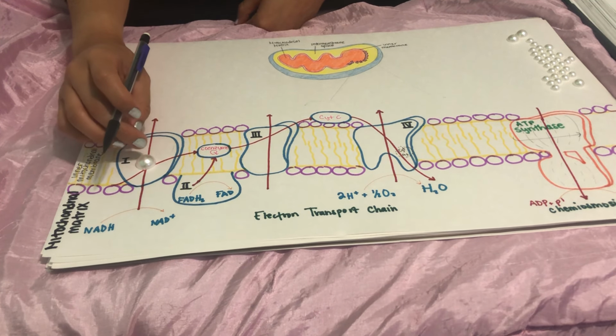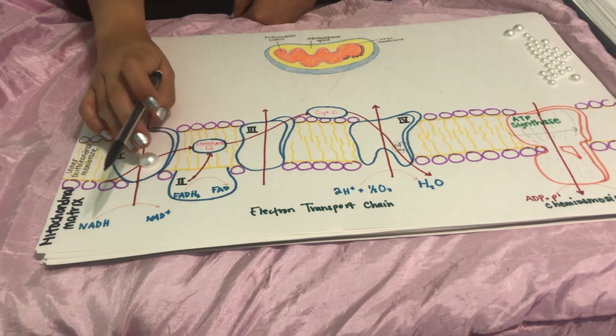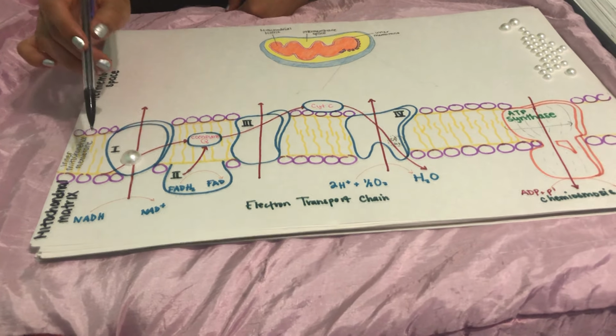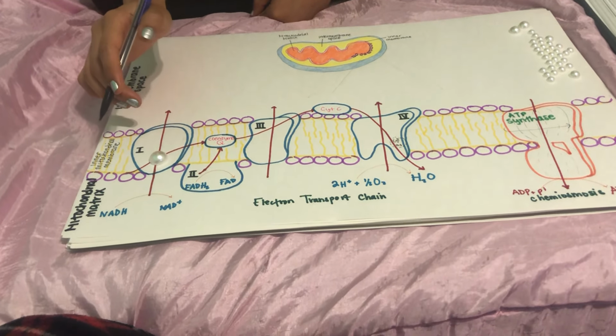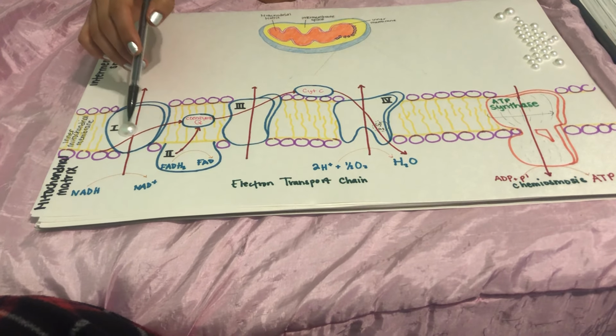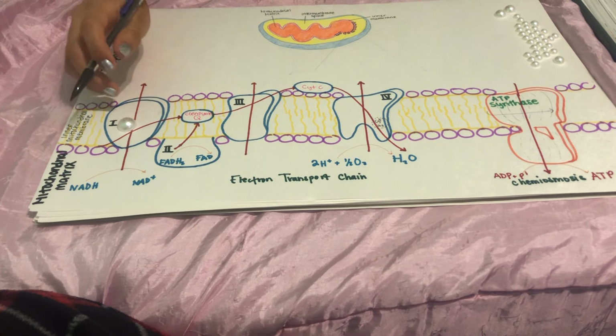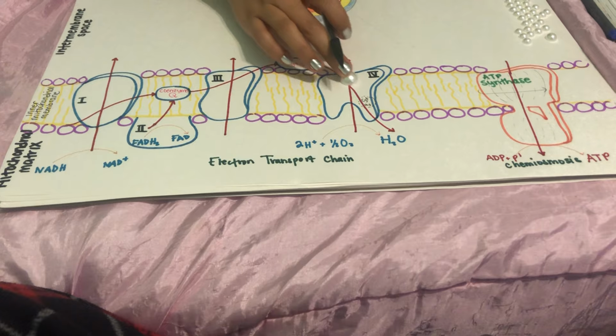And so we have our complex 1, 2, 3, and 4 here, which do a series of reductions and oxidations, and it makes our now high energy electron move down the electron transport chain.